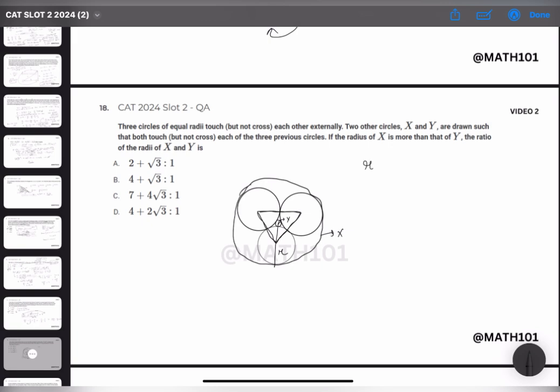If the radius of y is ry, then rx, the radius of x, is equal to 2r plus ry. This is ry, this is r, and this is r. So we just need to find the radius of y.